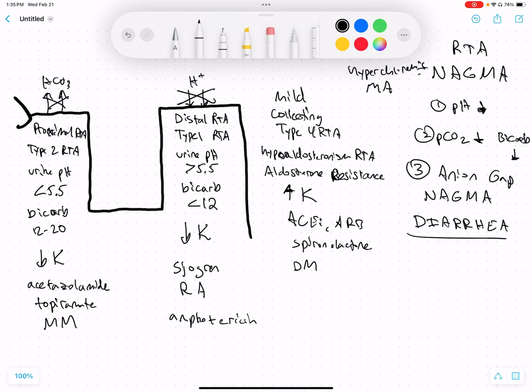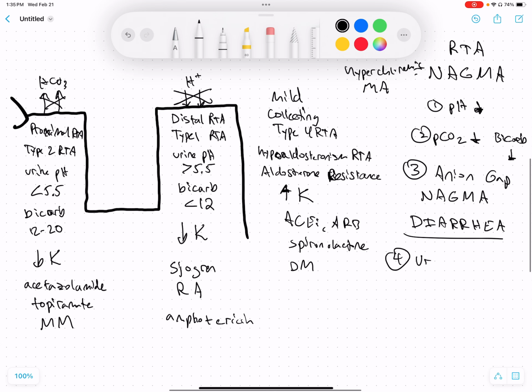How are you going to differentiate that? Step number 4 to diagnose an RTA is the urine anion gap. And the urine anion gap, I always have to look it up, but it's the urine sodium plus the urine potassium minus the urine chloride.